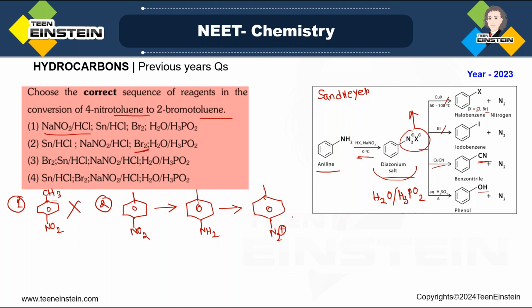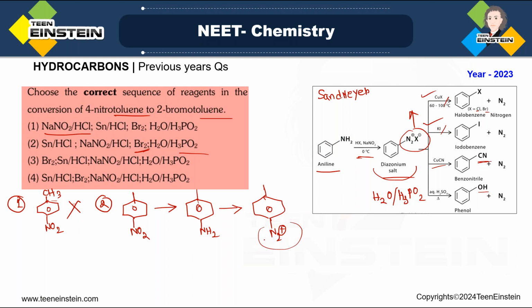Now when you have a diazonium salt, normally we treat it with this type of reagent. But if you add bromine, it will not affect it here, right? And what will happen after bromine addition? You can think that bromine will be added at the ortho position of the methyl group, and then we are using H3PO2, so that this part is converted to H.